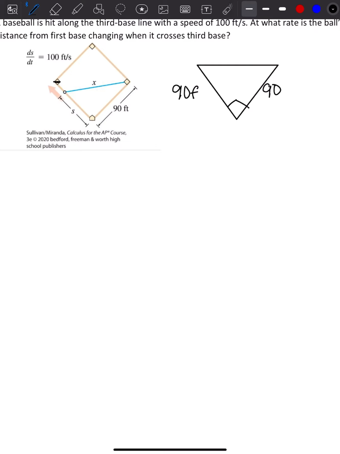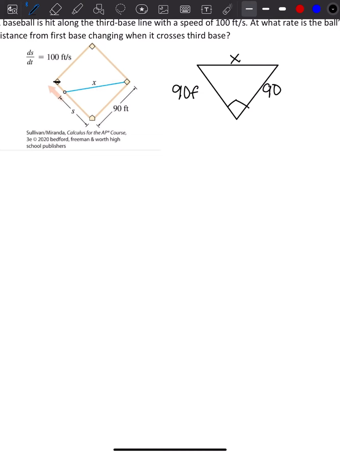We are also going to be looking at this triangle, and we want to talk about the rate this distance is changing. So one of the things that we know about this is that because both of these sides are 90, this makes a 45, 45, 90 triangle. 45, 45, 90 triangles have a special relationship.